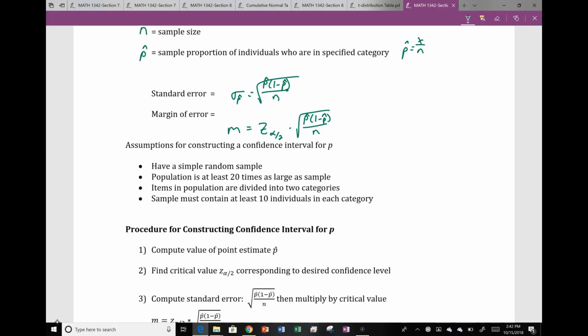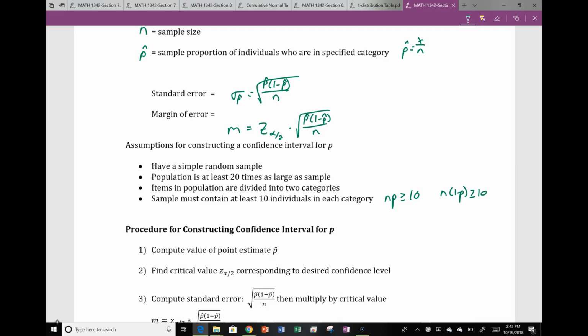We have to make sure that we have a simple random sample, that our population is at least 20 times as large as our sample, and that items in the population are divided into two categories, and the sample must contain at least 10 individuals in each category. So recall that N times P had to be greater than or equal to 10, and N times 1 minus P had to be greater than or equal to 10.